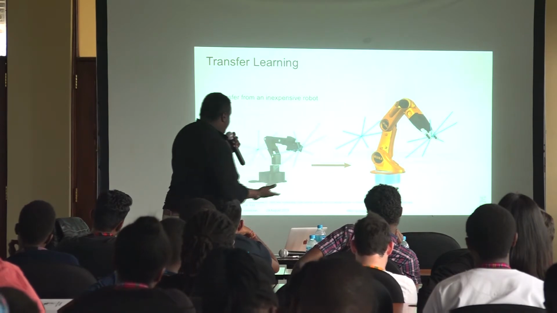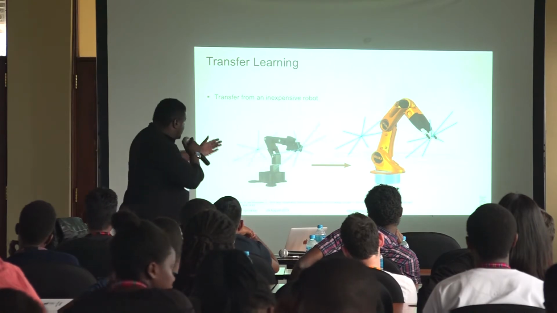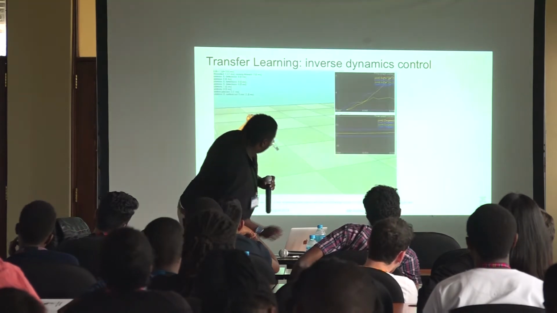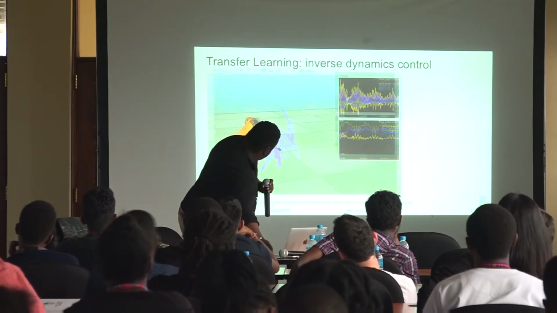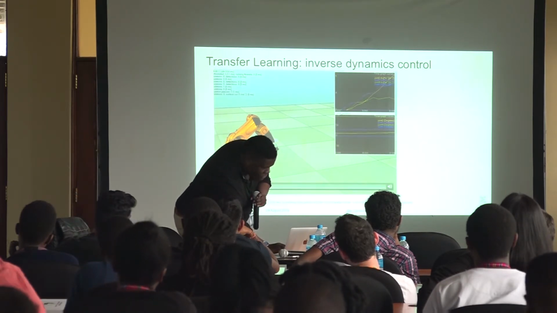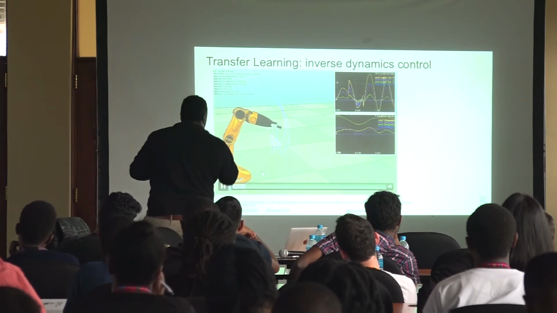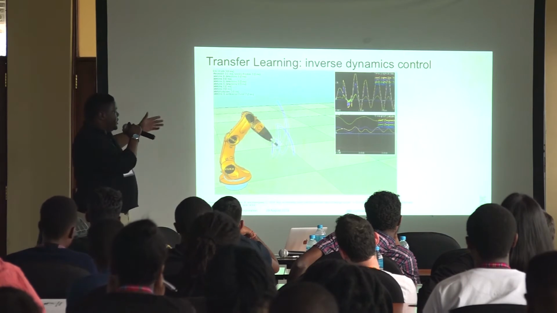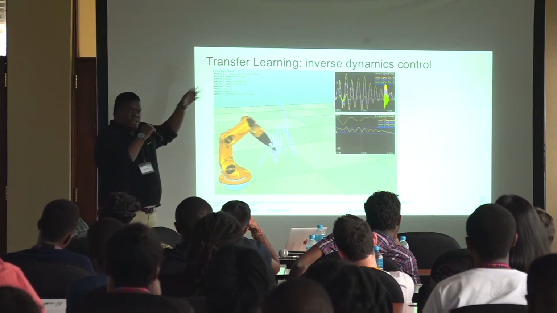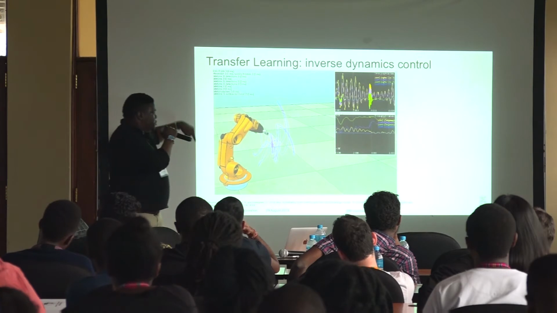So I'll just show some videos showcasing the benefit of knowledge transfer, where we're actually transferring from a cheaper robot to a more expensive robot. Here you can see that, starting from a randomly initialized robot model, the robot is just performing some random actions instead of tracking a star trajectory that has been specified.